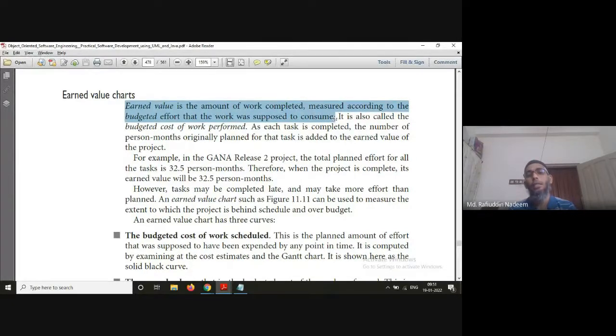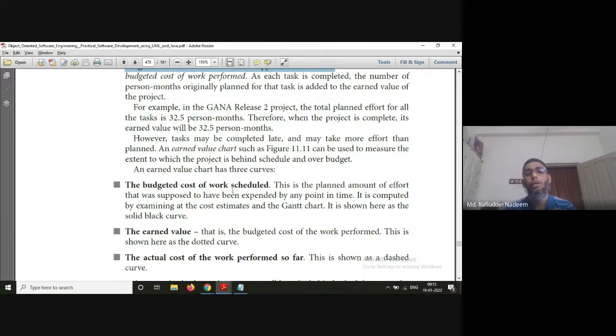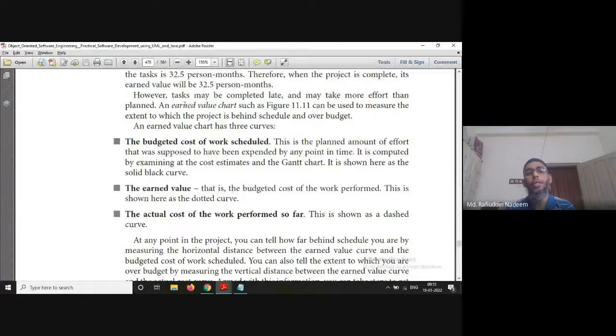As each task is completed, the number of person-months originally planned for the task is added to the earned value of the project. However, the task may be completed late and may take more effort than planned. Means sometimes more people are required, more time is required.